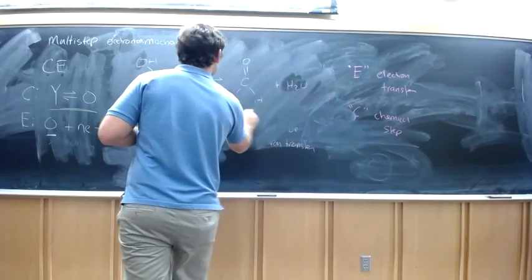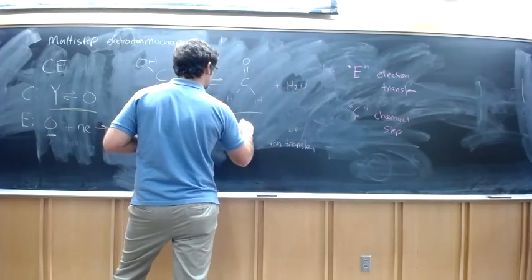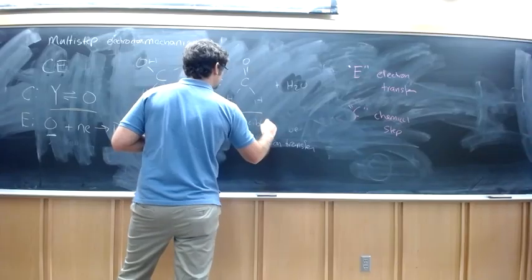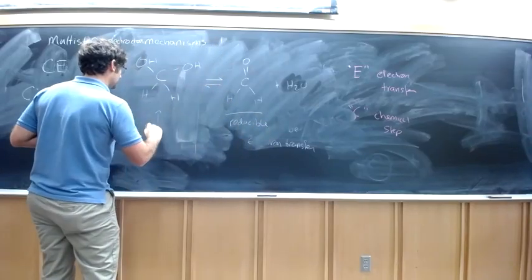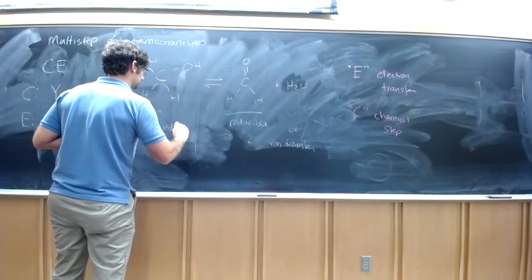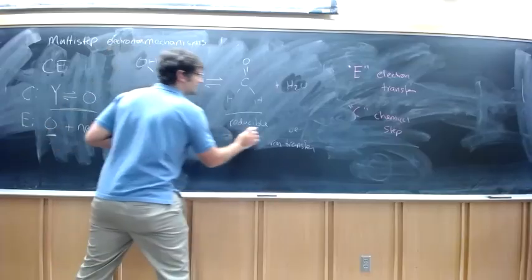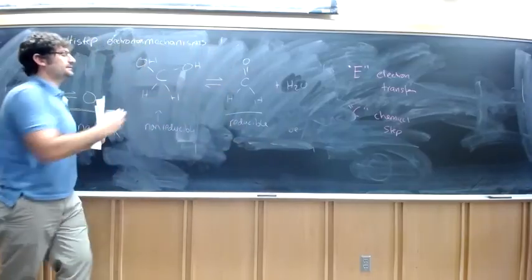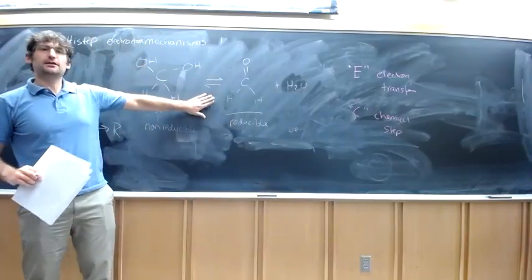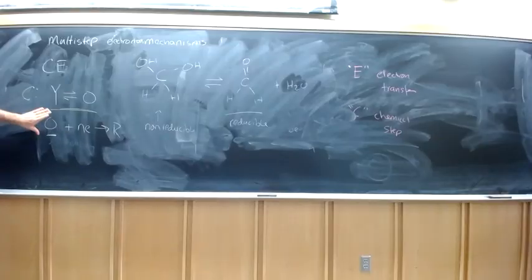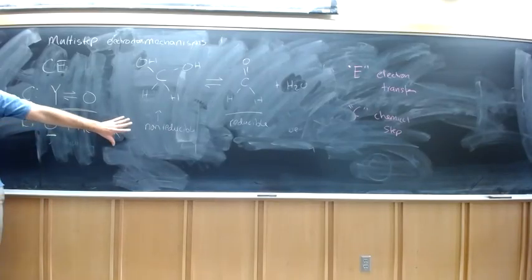And this, you know, you can reduce easily, and this one is non-reducible. Okay? So depending on the equilibrium constant for this equilibrium, you will modify how much O you have available that can be reduced to R.